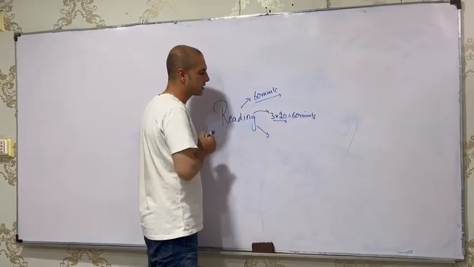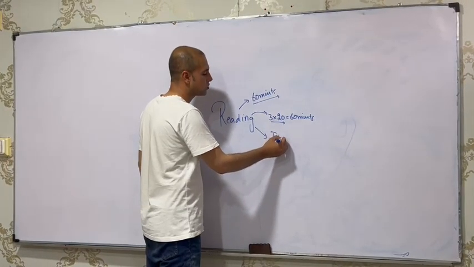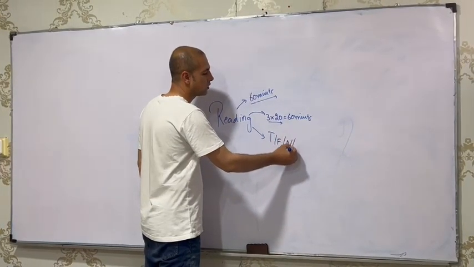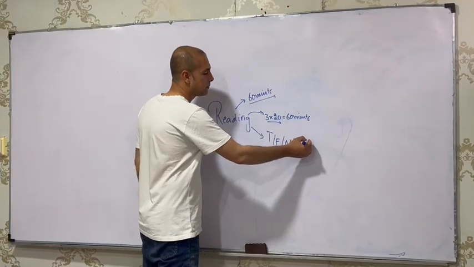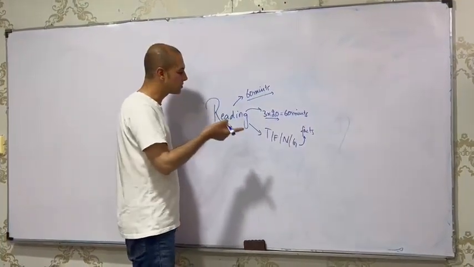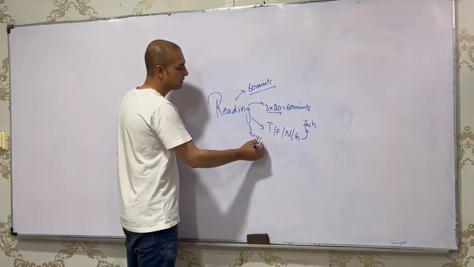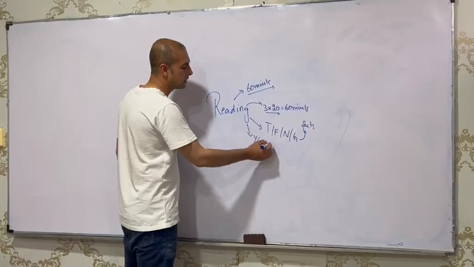Which are the different question types? In reading, you have true, false, not given, which are based on passage facts. Don't mix it with yes, no, not given. They are writer opinion.